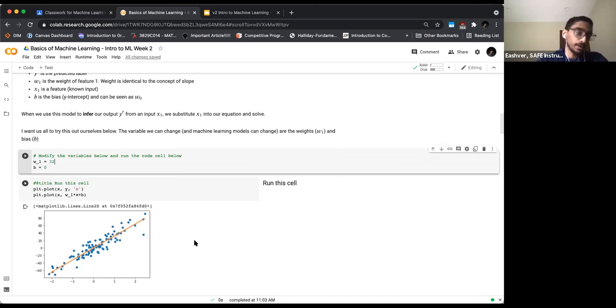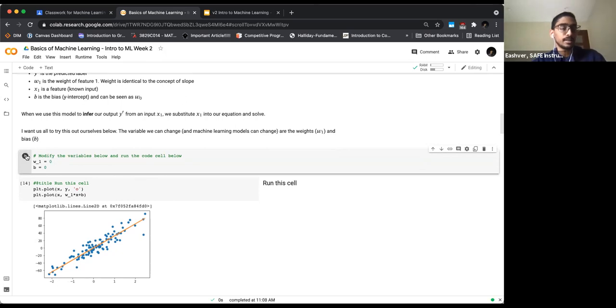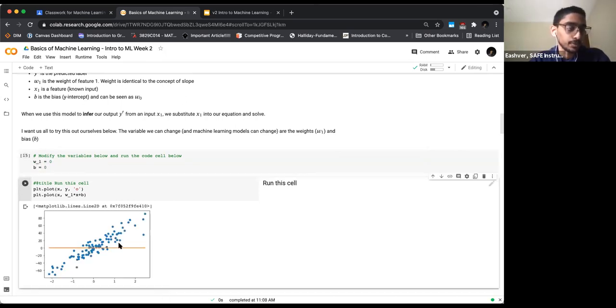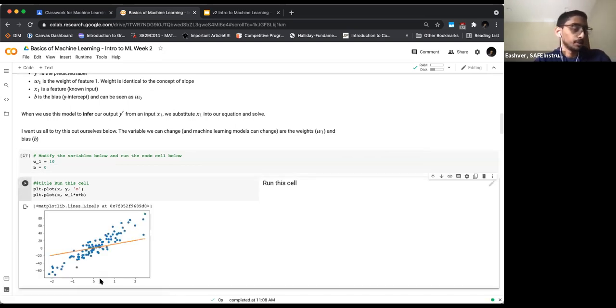When you were starting out, if you had 0, 0 like this, you'll see that this line is very far from here, and really far from here as well. So you might have changed it to, let's try 10. Oh, it's closer, so I'm on the right track.